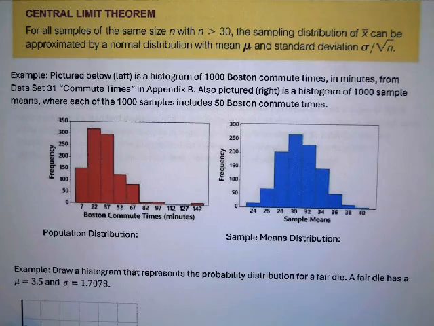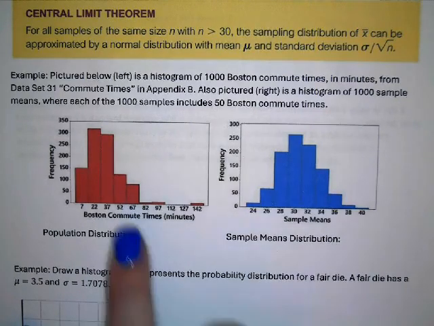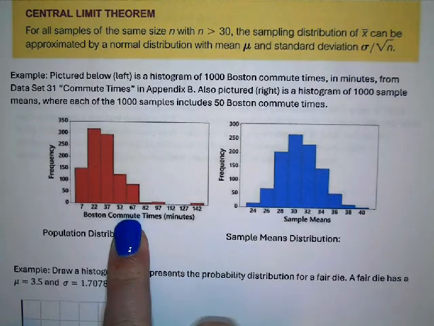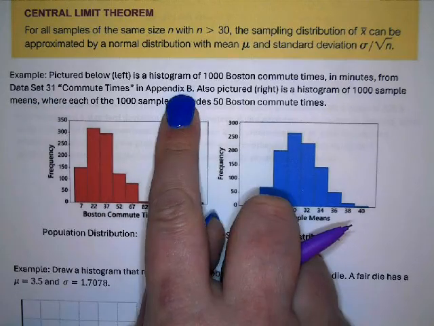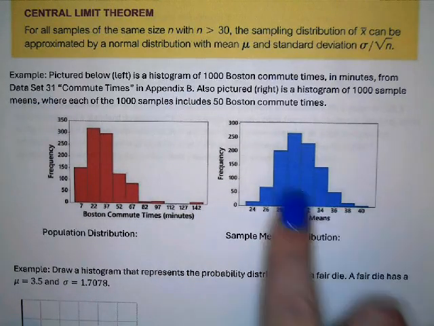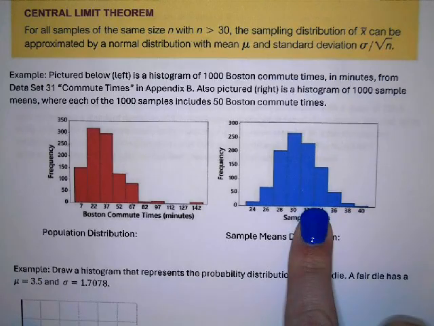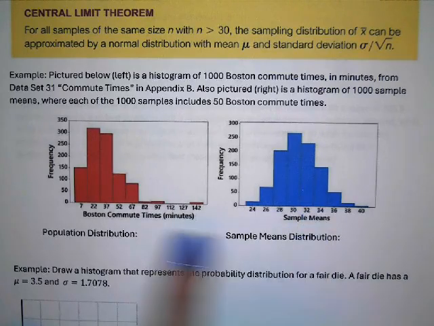So here's an example, so you guys can see that in action. Pictured below on the left is a histogram of 1,000 Boston commute times in minutes, and this is from dataset 31 in Appendix B, if you're curious to see it. Pictured on the right is a histogram of 1,000 sample means, where each of the 1,000 samples includes 50 Boston commute times.